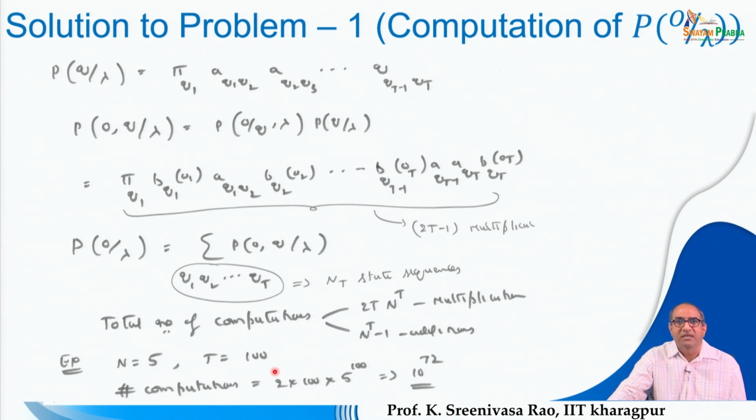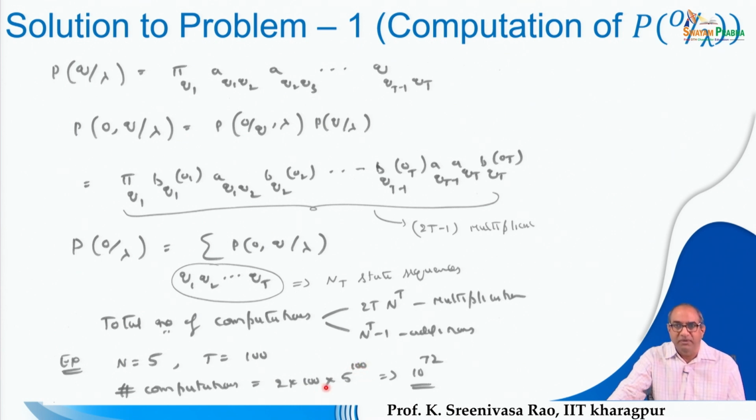So, in that case, for estimating P of O given lambda from a single model, the number of computations required will be 2T into N to the power T. 2T is nothing but 100, N is 5, and T is again 100, that means 5 to the power of 100.